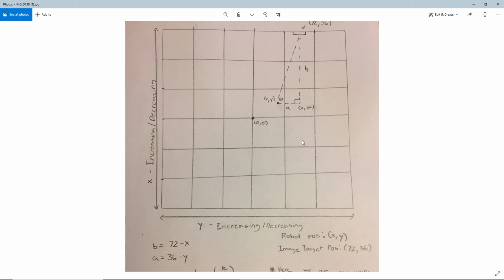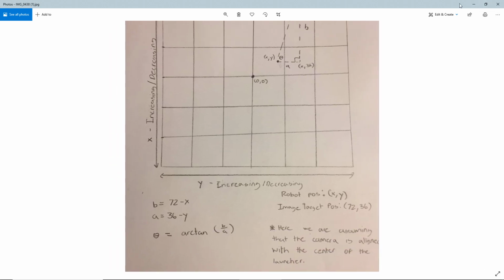There are things in code which we use to account for this, but for now let's just assume that our camera and launcher are pretty much parallel to each other, so we can disregard that. So this is just the rotating to the tower goal algorithm. Hopefully this diagram was helpful.